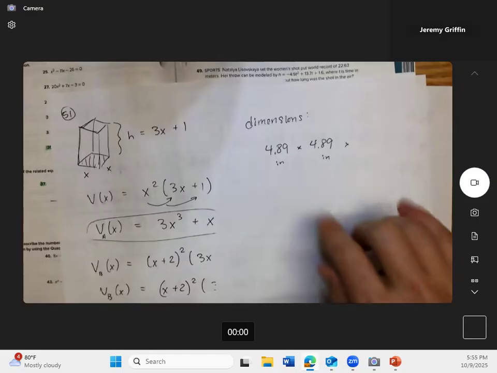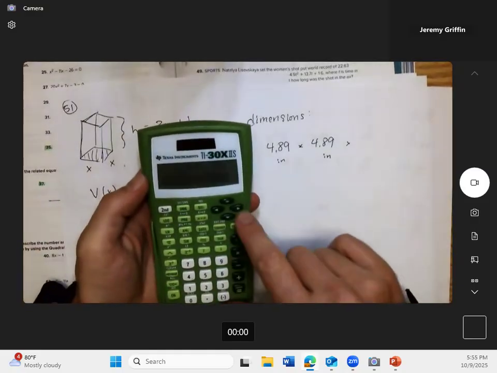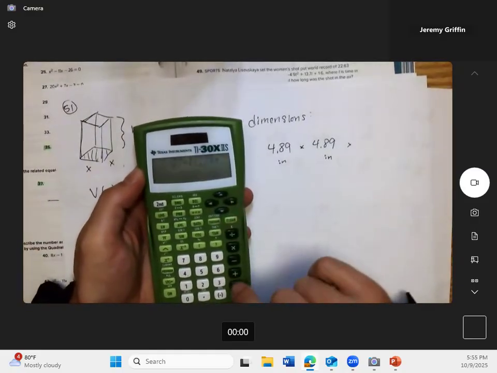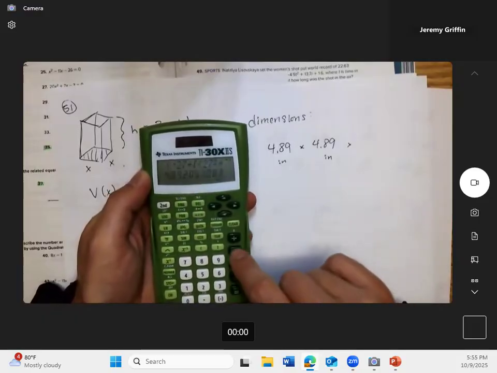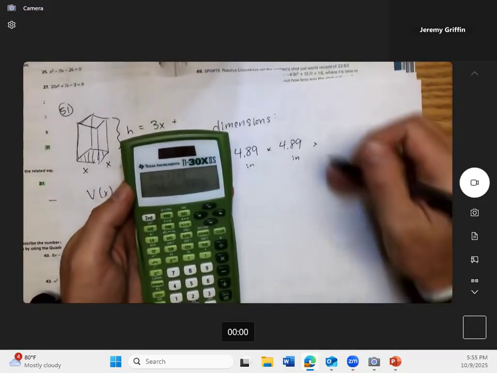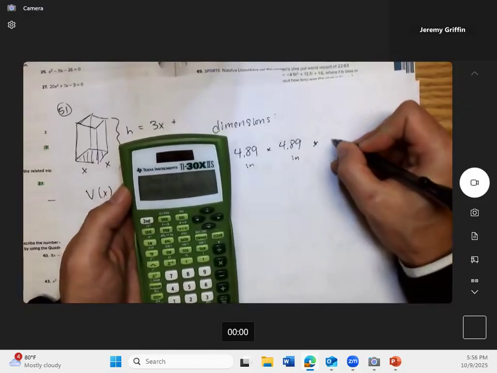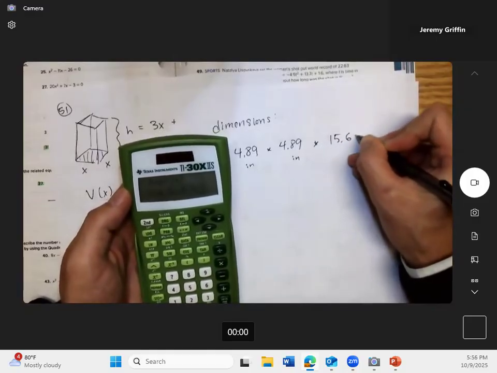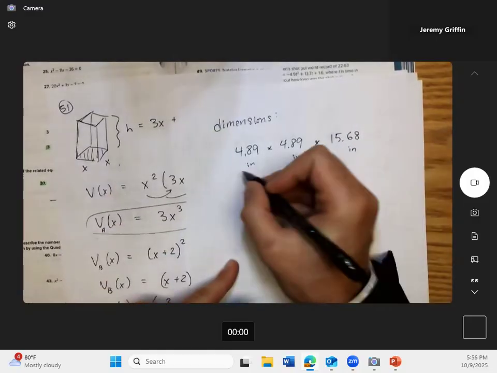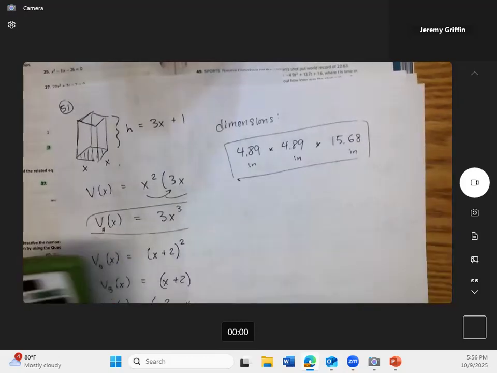Now the height was 3 times that plus 1. So we go back to get the first one. If I say times 3 plus 1, that gives me the height of the box, which was 15.68 inches. So there you go. There are the dimensions of the original box. Good.